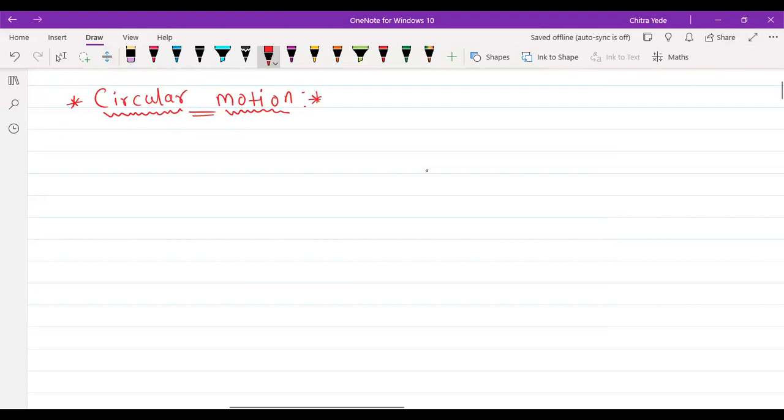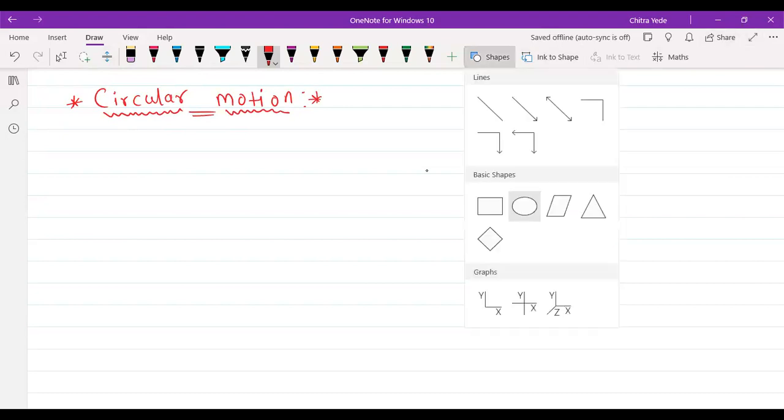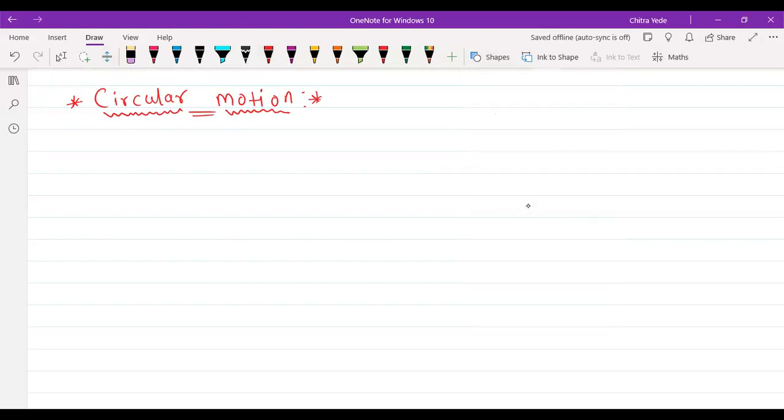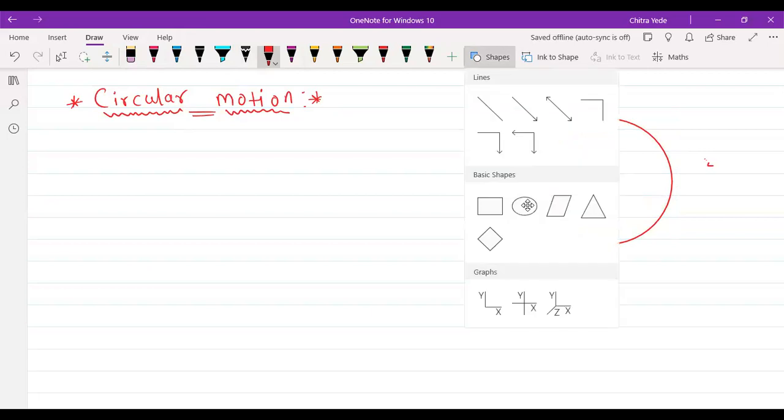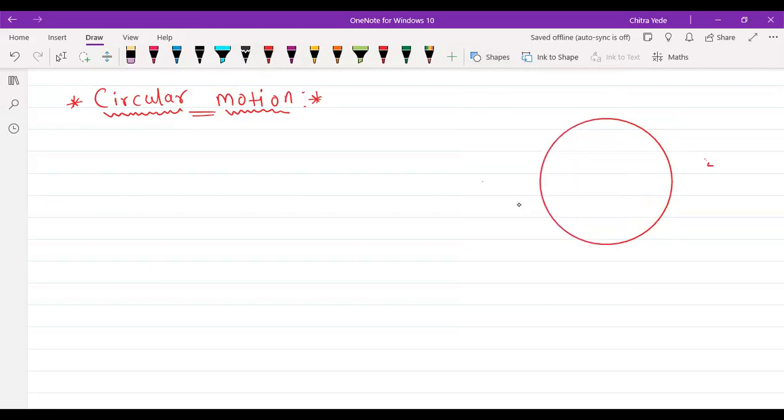See, I first have to draw the circular path here. So this is the circular path, right?